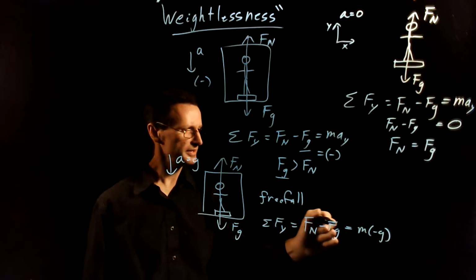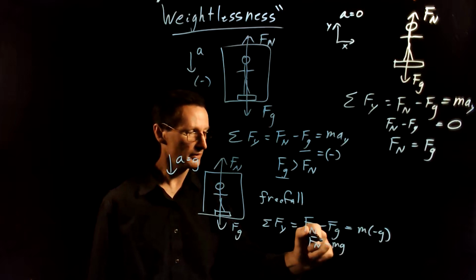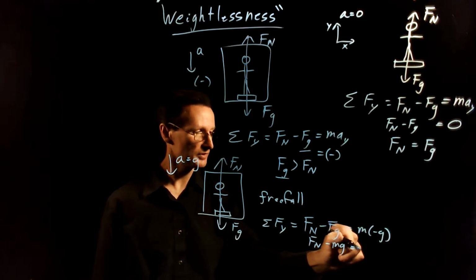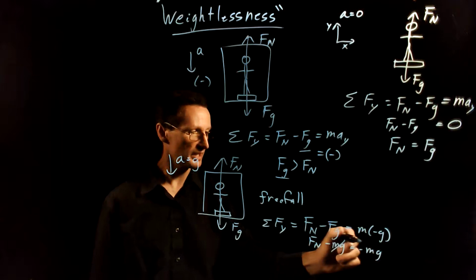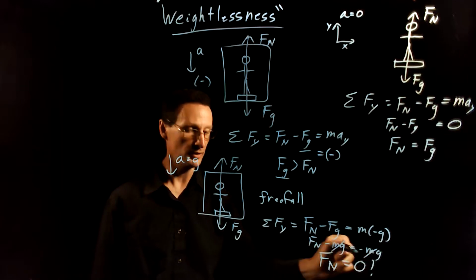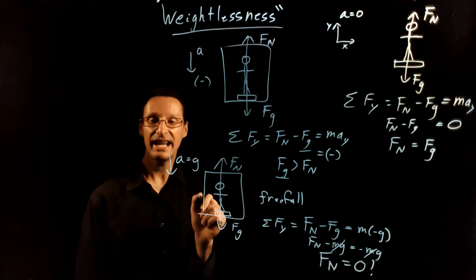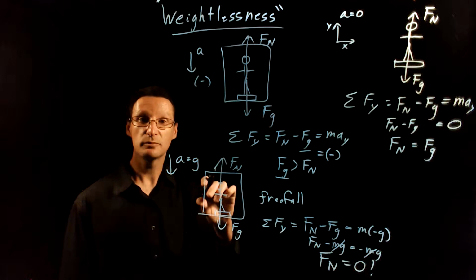And so this tells us, of course, the force of gravity is mg. And so if we write this out, normal force minus mg equals negative mg. We could add mg to both sides, and that tells us that the normal force equals 0. So physically, what's going to happen here is that your feet are going to temporarily lose contact with the scale.